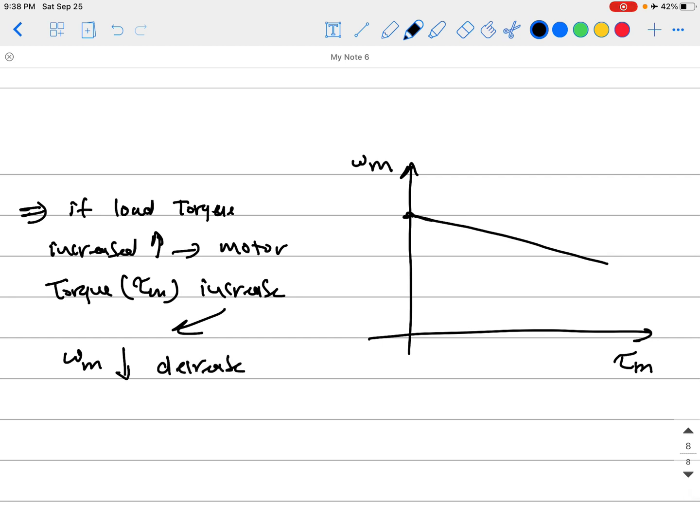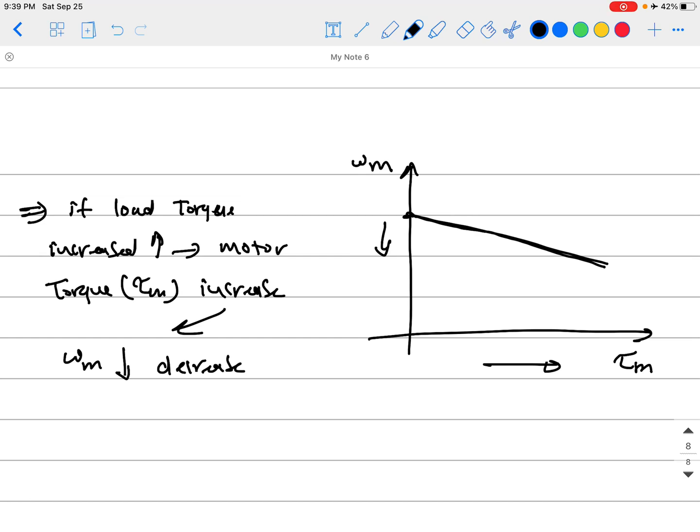This comes from these characteristics: when the torque goes up, the speed goes down. And it makes sense, because adding more load to the shaft acts like a brake, and the motor generates more torque only if the load attached to it requires it.